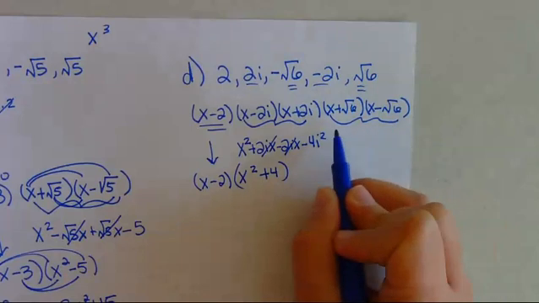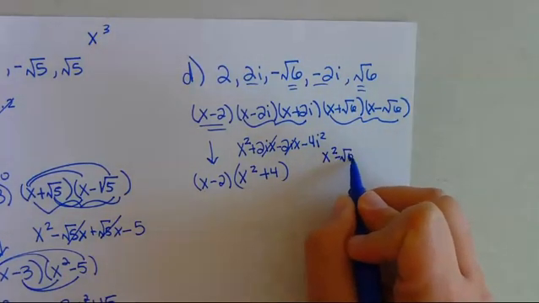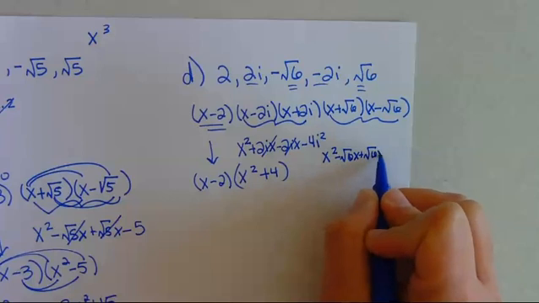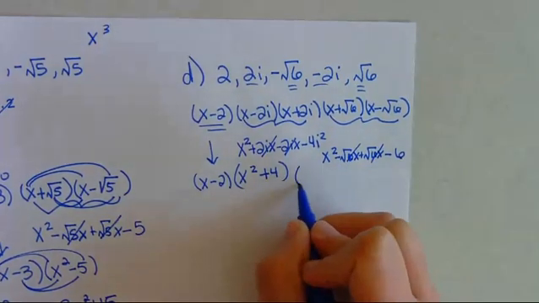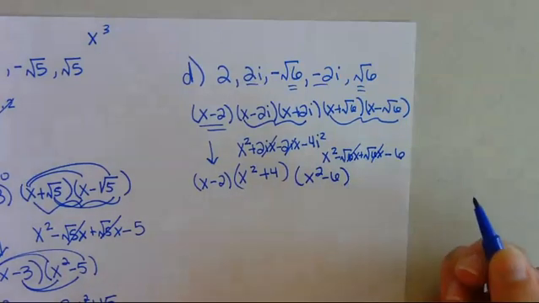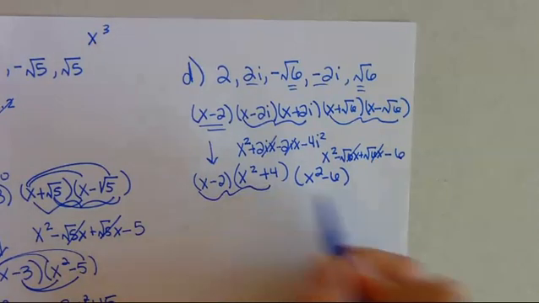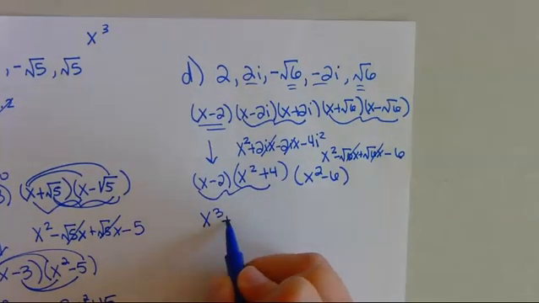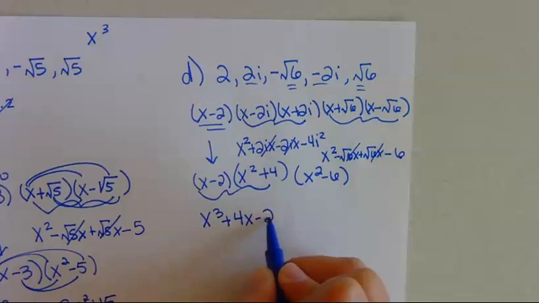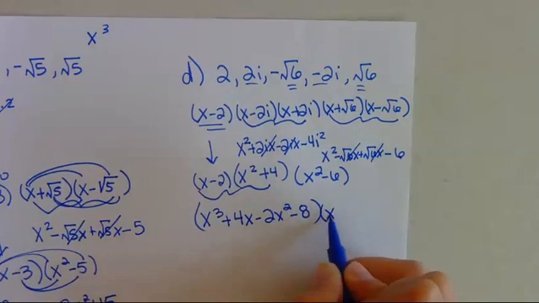And then if I FOIL these together, I'll have x squared minus radical 6x plus radical 6x minus 6. So those cancel out, and I have x squared minus 6. Now it doesn't really matter how you FOIL them together, honestly, just pick. So I'll have x cubed plus 4x minus 2x squared minus 8 times x squared minus 6.